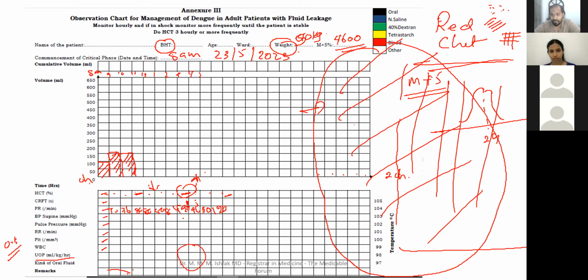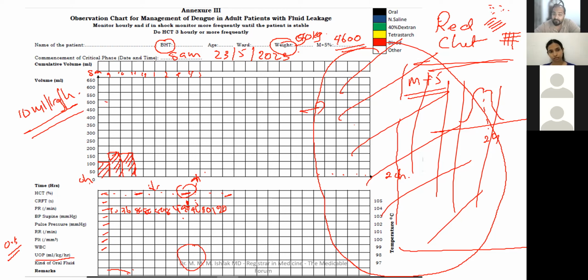I'll teach you how to manage shock. But now let's say the patient goes into shock. The way to treat shock is a 10 ml per kg per hour bolus. Let's say the patient is 50 kilos, so the 10 ml per kg is 500.